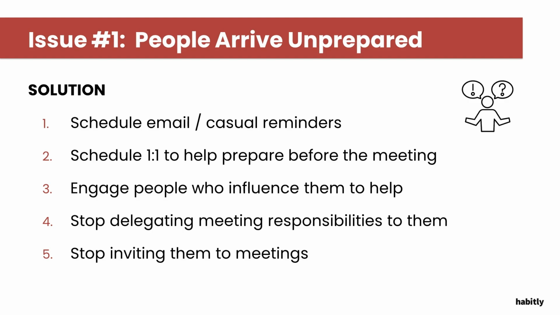Number four, stop delegating any meeting responsibilities to them. If they're going to be unprepared, don't give them stuff to do. And if you still have a problem with these people, stop inviting them altogether. They're not making the meeting better. They're making it worse. They're dragging it down. Don't invite them.